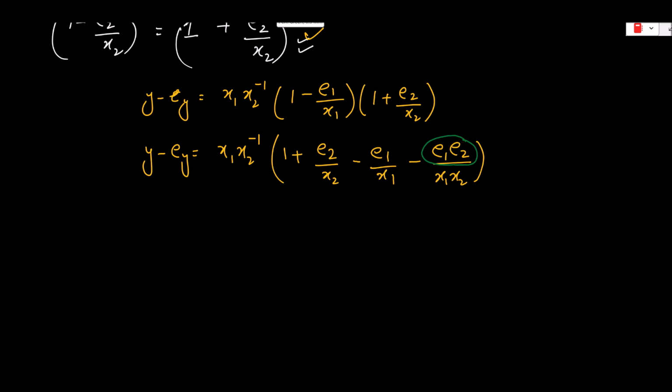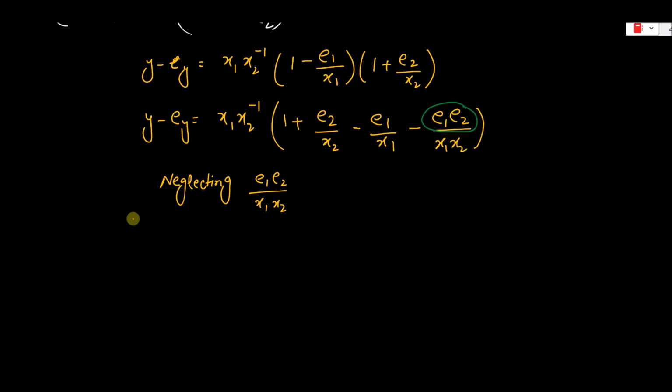When two small quantities multiply each other, it becomes an even smaller quantity, so that's why we are neglecting e1 e2 by x1 and x2. So the expression simplifies to y minus ey is equal to x1 x2 raised to 1 times 1 plus e2 by x2 minus e1 over x1.